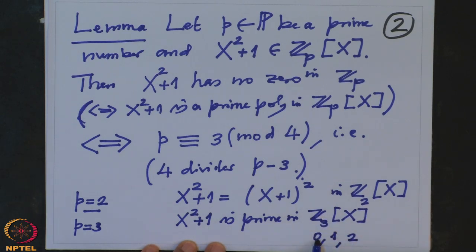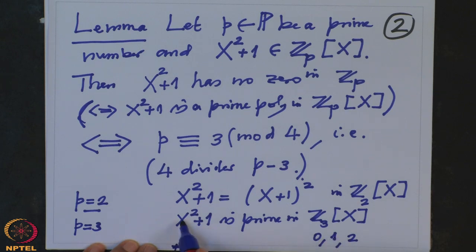Plug each of them in and see whether it is 0 or not. When you plug in x equal to 0, this is 1, which is obviously not 0. If you plug in 1, then it is 1 plus 1, which is 2, definitely not 0. And if you plug in 2, 2 square is 4, 4 plus 1 is 5, and 5 mod 3 is 2, which is not 0 again. So this is a prime polynomial in Z mod 3 [x].